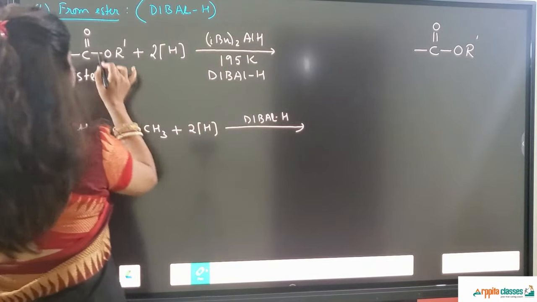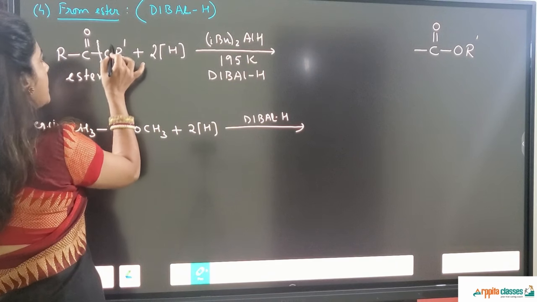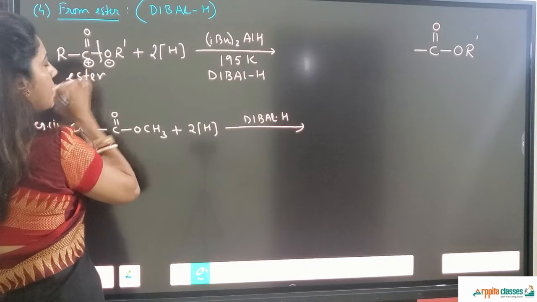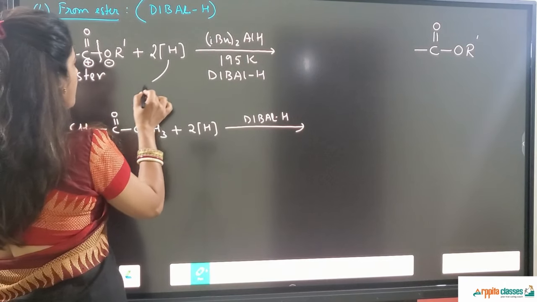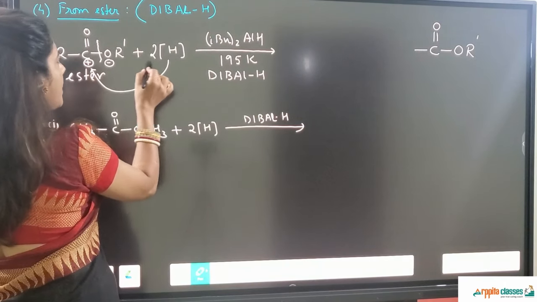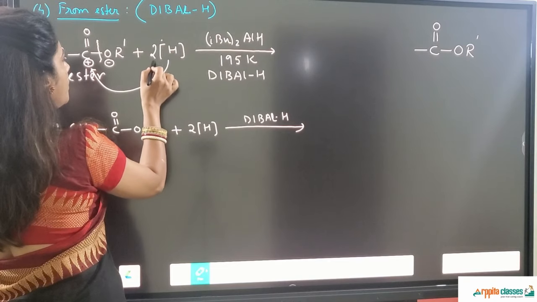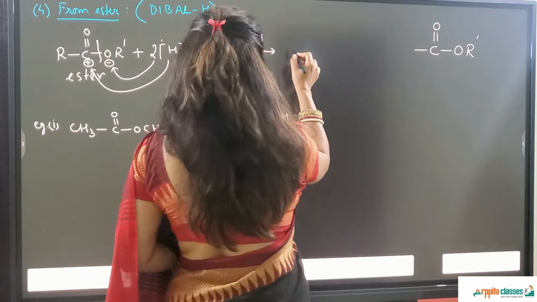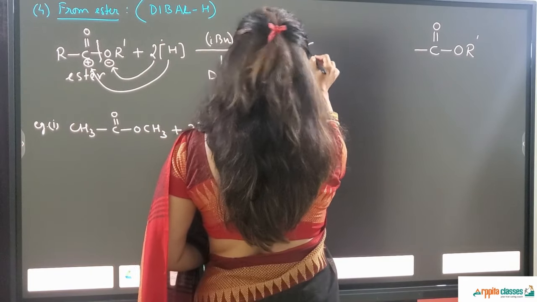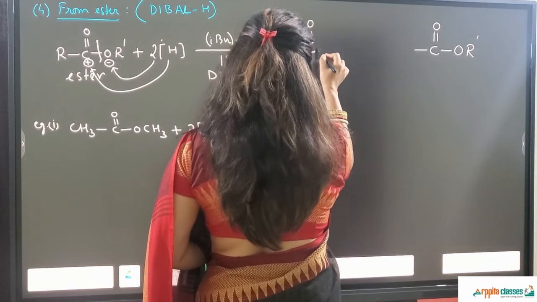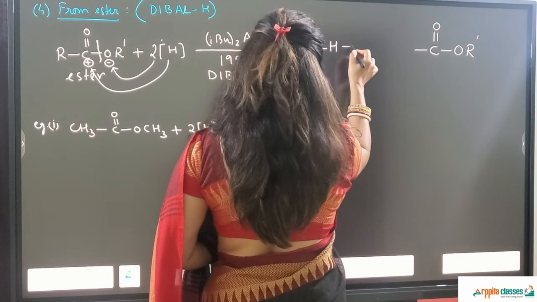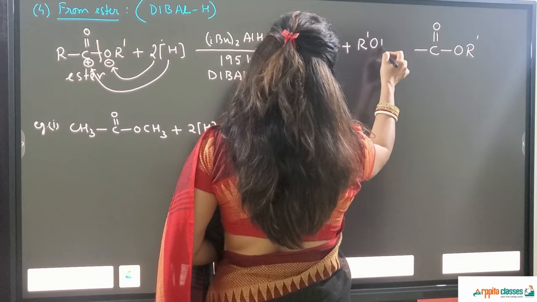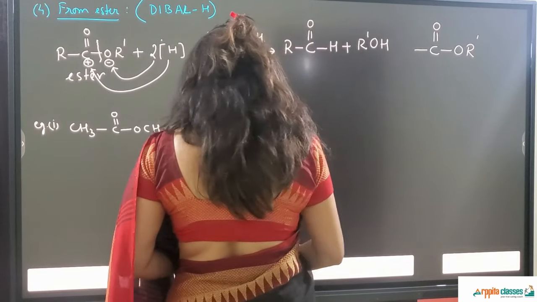What you do is break this bond. If you break this bond, this becomes plus and this becomes minus. One of the hydrogens you give to this carbon atom and the other hydrogen you give to this oxygen atom. It is just to make you understand how it is coming. So RC double bond O, one hydrogen is given to this carbon, and the other compound is R dash O, another hydrogen is given to this oxygen.